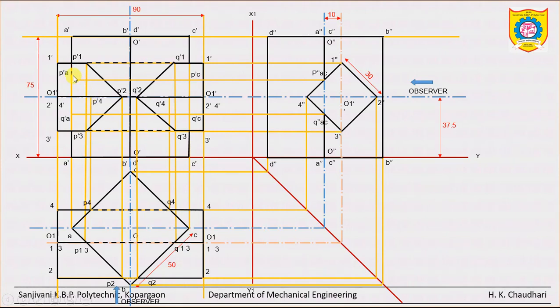So up to this point PA, this portion of the vertical edge from here to P double dash A, we can't observe due to this 1 2 surface, this portion only. So we have made it hidden here.